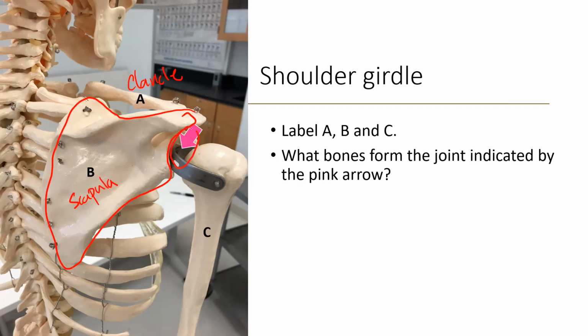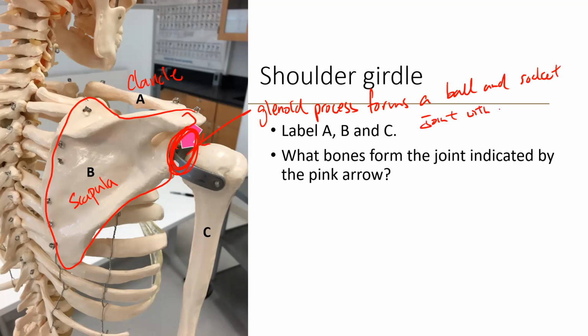And on the lateral surface of the scapula, that's where you will have the glenoid process. It forms a ball and socket joint with the head of the humerus.